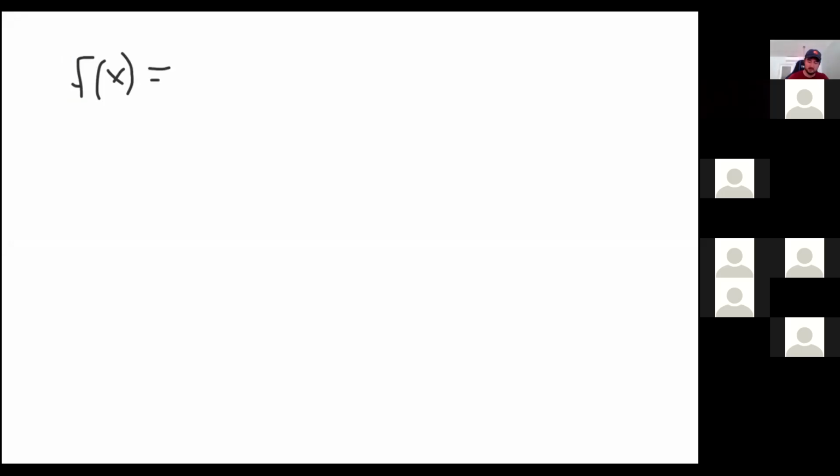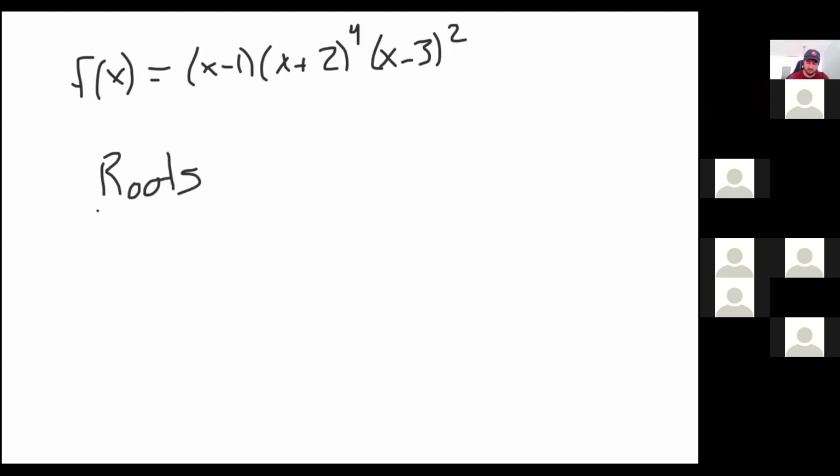All right, so go ahead and come back to Poll Everywhere for me. So we need to talk about this. I'm just hoping that it was more confusing about how to type it in versus you actually identifying multiplicities. From this function, I went ahead and already gave it to you factored. And when I do that, we can quickly get what the roots are.